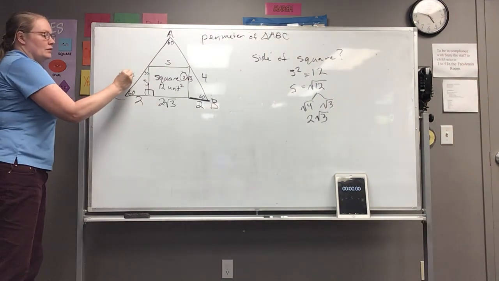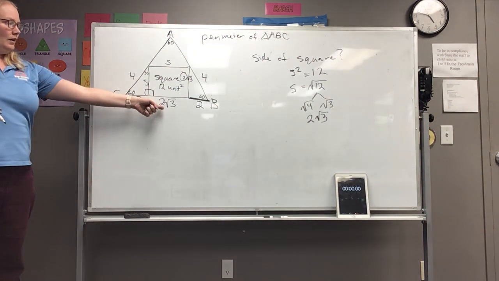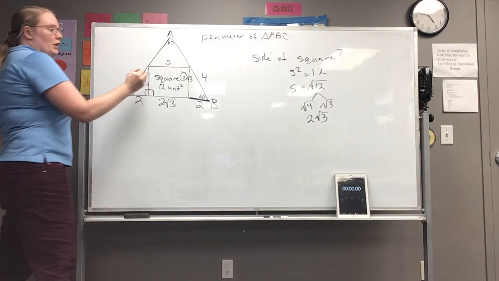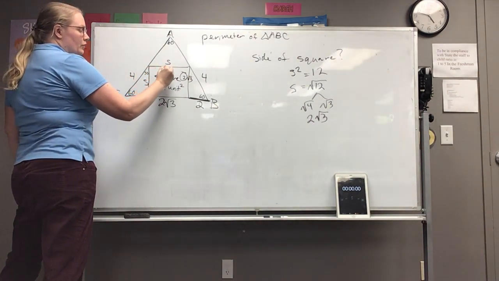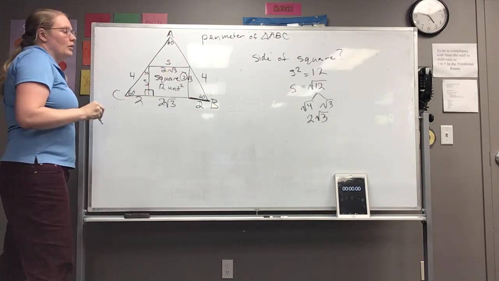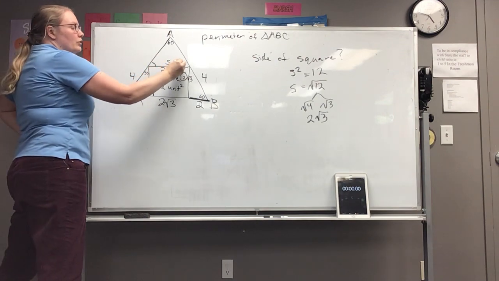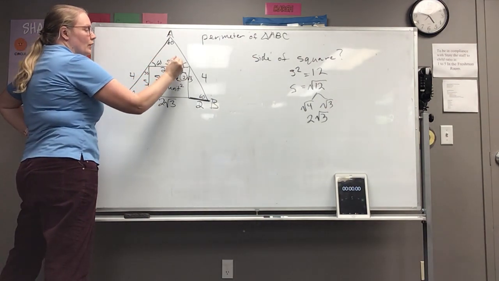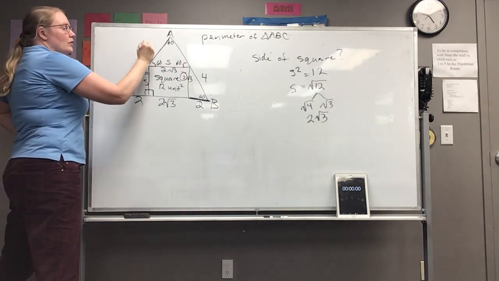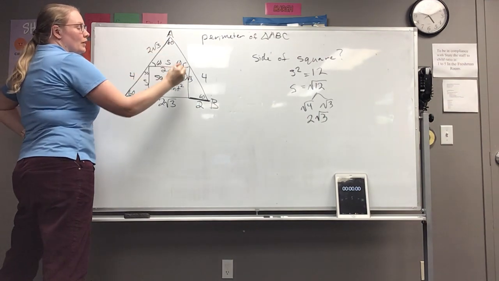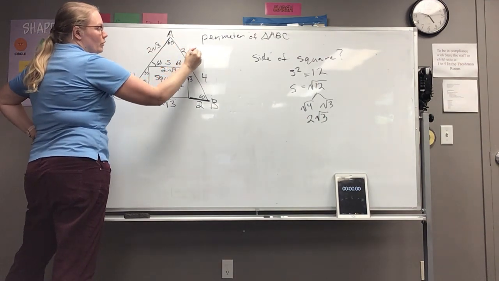And so is this. If this is 2 square roots of 3, then this is also 2 square roots of 3. But more importantly, these are also 60 degrees. And so this is also 2 square roots of 3. This is also 2 square roots of 3.